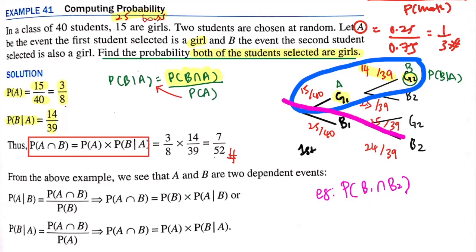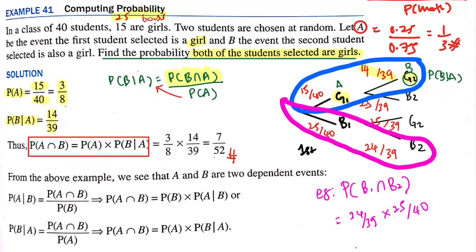So you can just multiply these branches together. So this is just 24 over 39 times 25 over 40. Use your calculator, then you'll get the answer. So by using the shortcut of multiplying the branches together, there is no need to rearrange the formula as we did just now. So that's the end of this example.